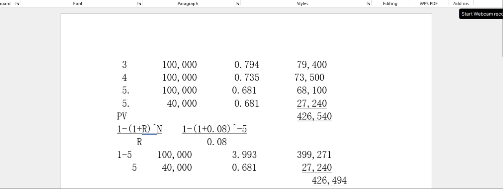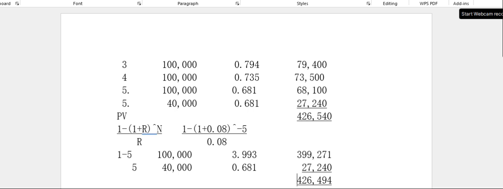Let me recap. If your lease payment is static, fixed, with no changes, you can use the annuity formula, so it will be faster.